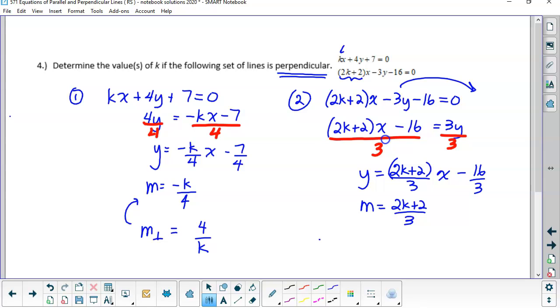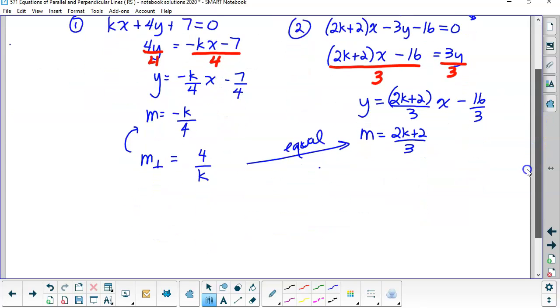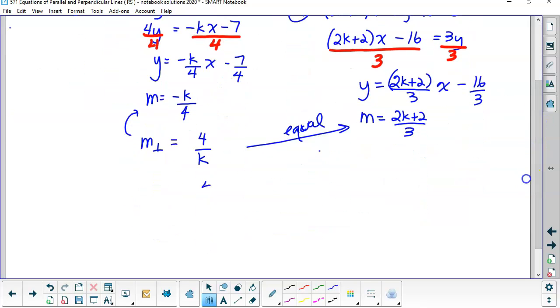Once I've done that, that means this has to be equal to this. All right, so set up an equation. So 4 over k equals 2k plus 2 over 3. Multiply through by 3k.